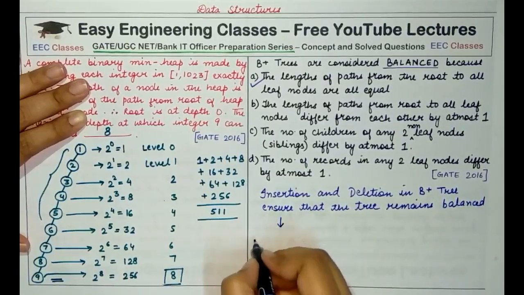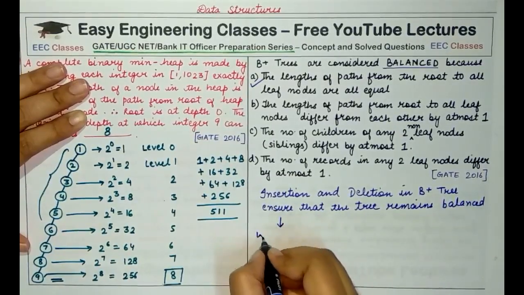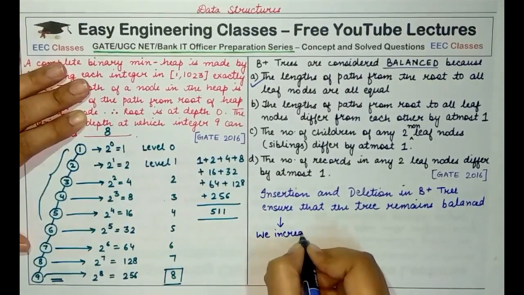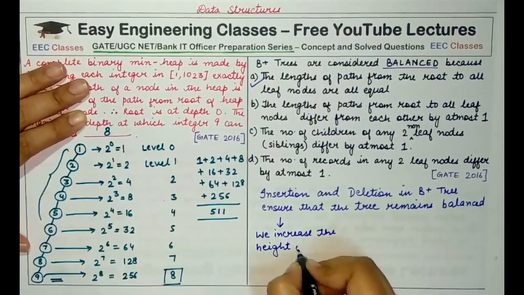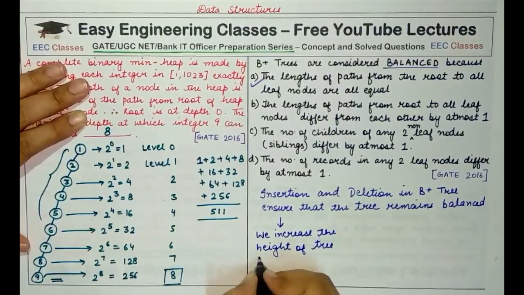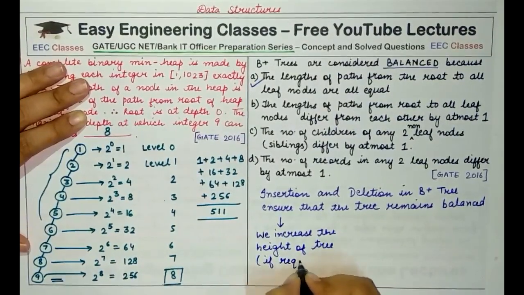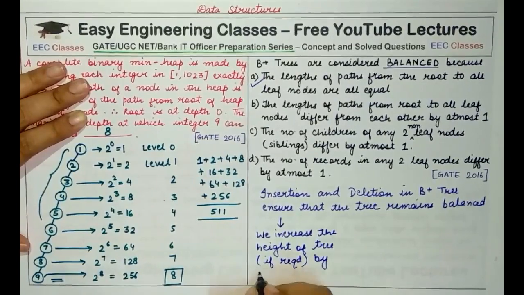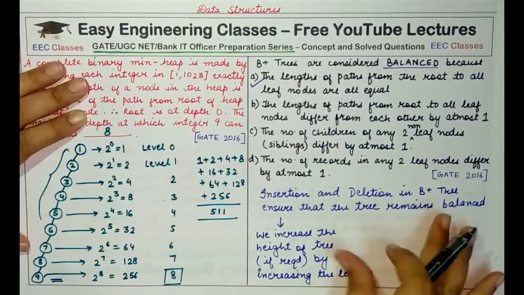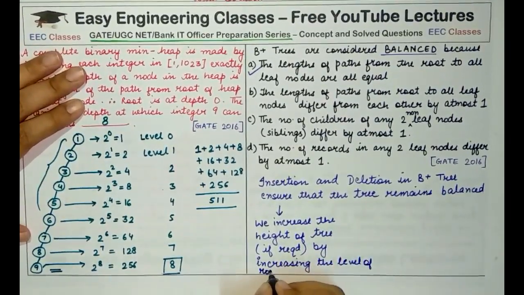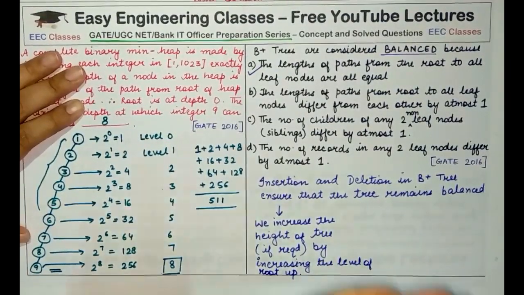Just now as I explained, in case of insertion, we increase the height of the tree if required by moving the root up. Actually, the level of the root would still remain 0, but we move the root further up.